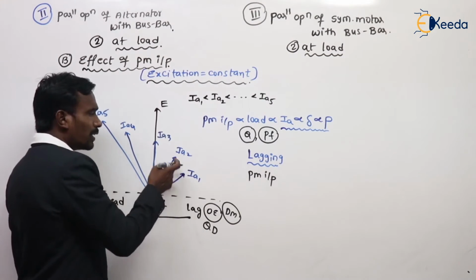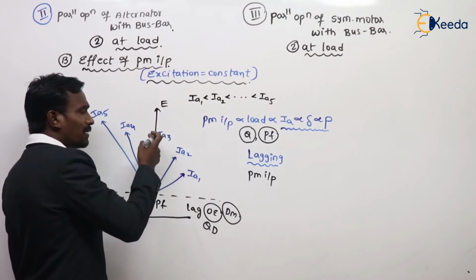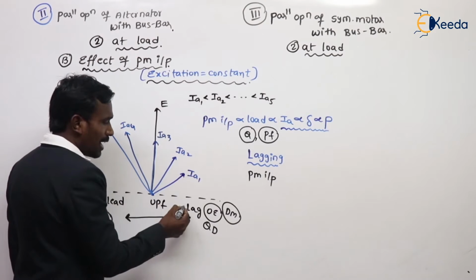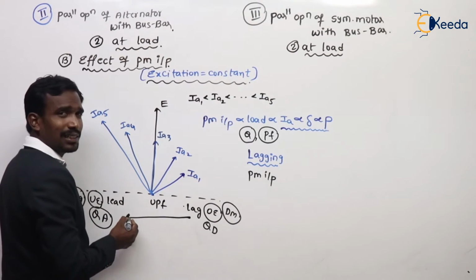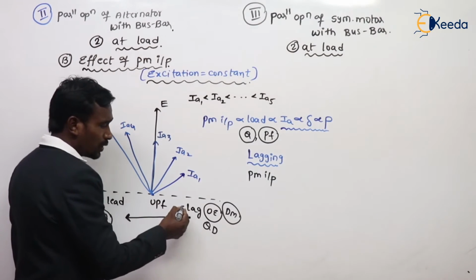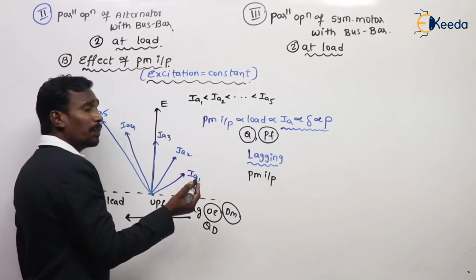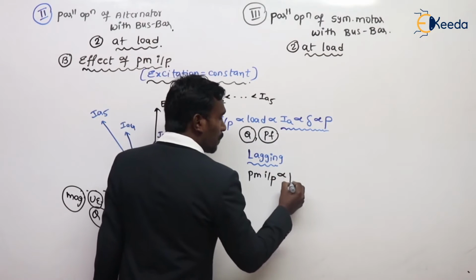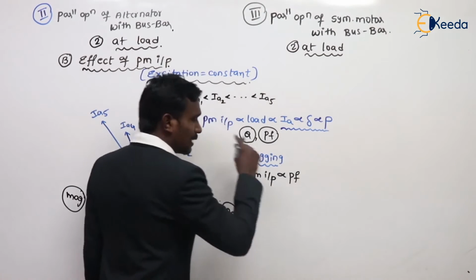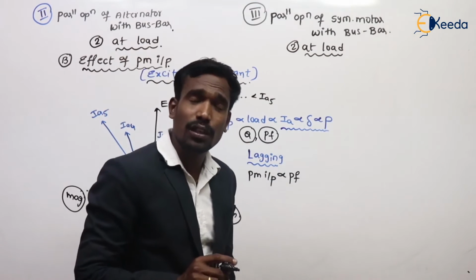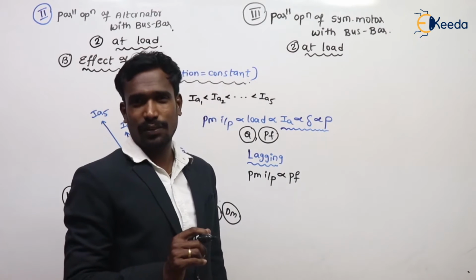When the prime mover input increases, the power factor also increases, because it goes from lagging to unity power factor. That's why the power factor is directly proportional to prime mover input.